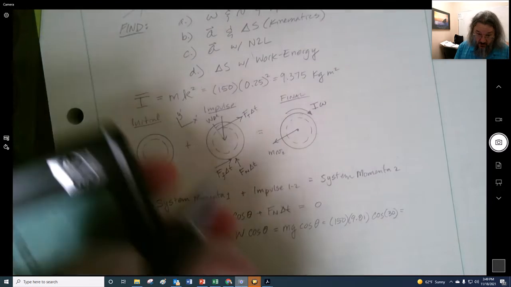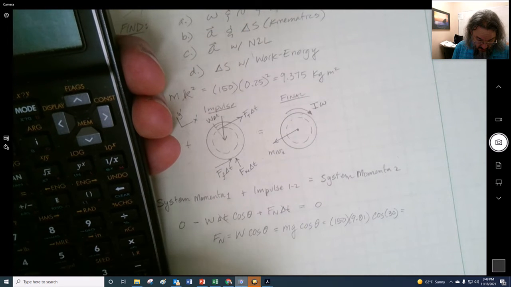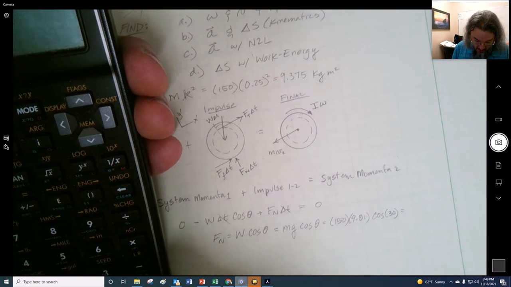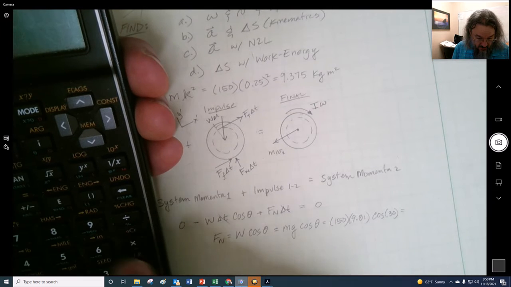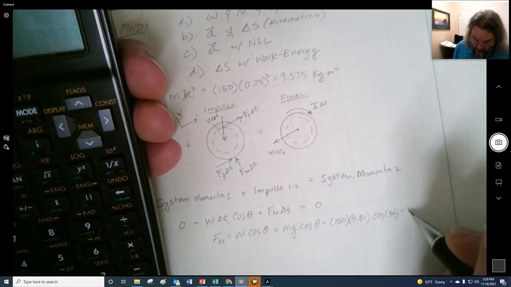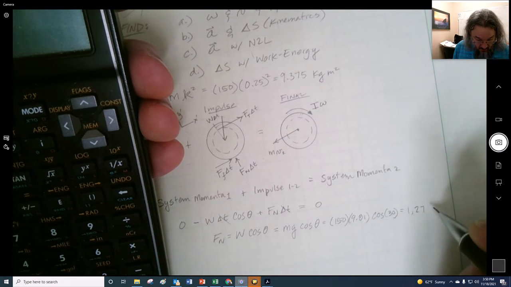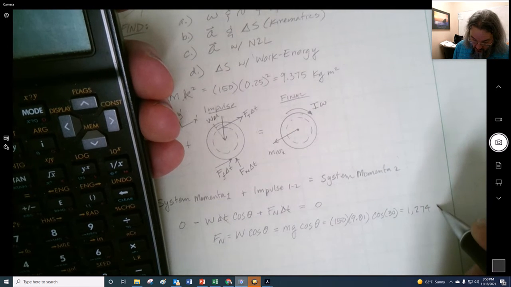Multiplying those, we get 1,274, and these are newtons.